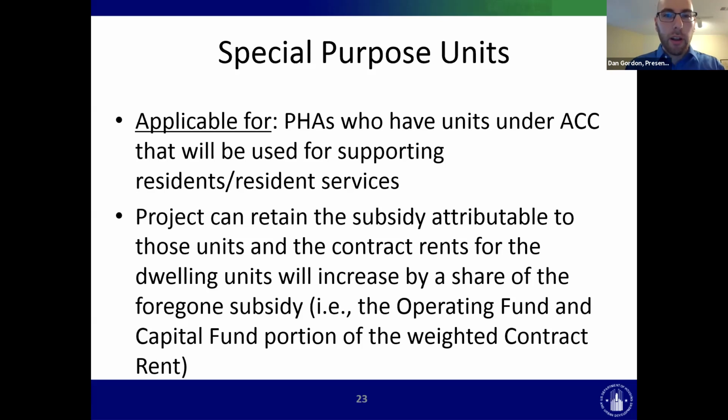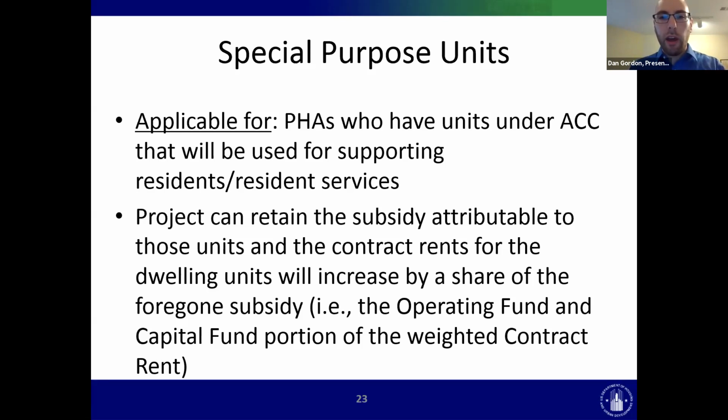Okay, so now we're on to special purpose units. Under public housing, you can have a unit under ACC that is not a residential dwelling unit, that it's used for resident activities or resident services, but that's not the case under Section 8. Only dwelling units can receive subsidy.